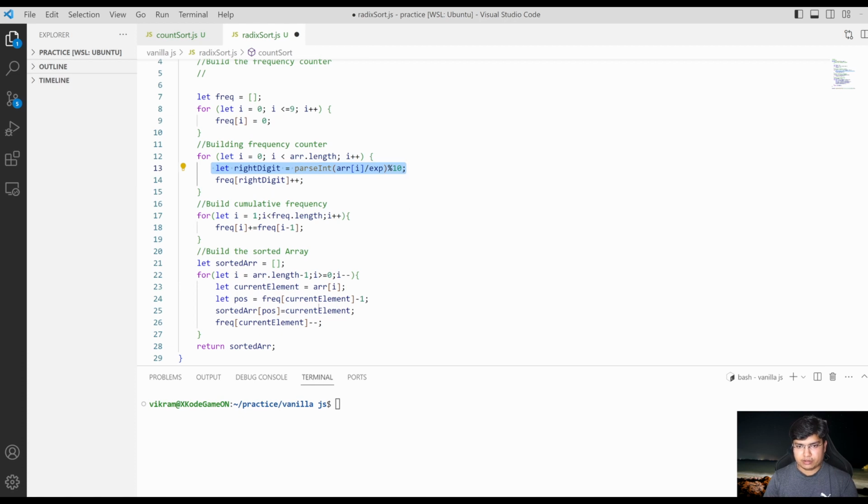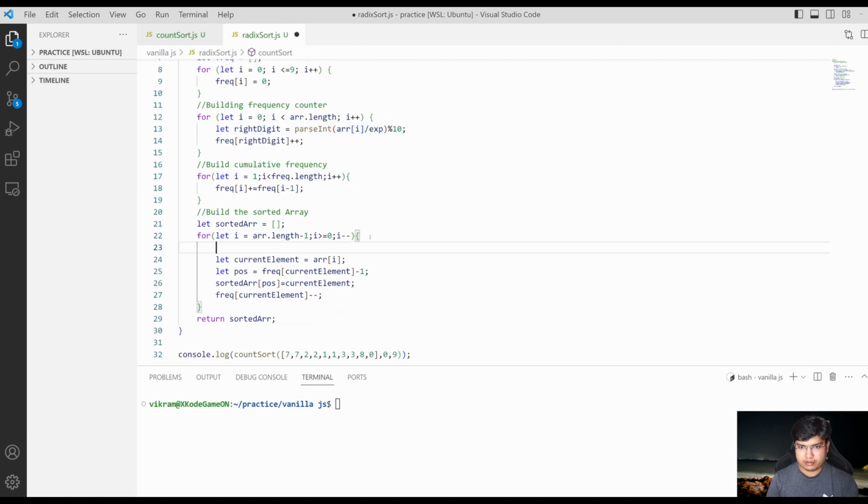So I am taking the rightmost digit and I'll be using this as the key to obtain the right position in the array.